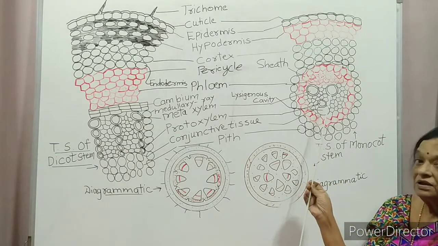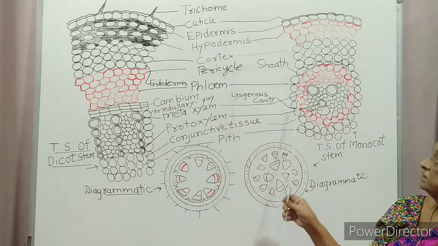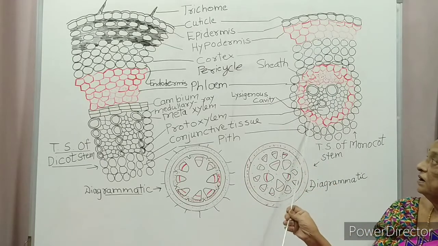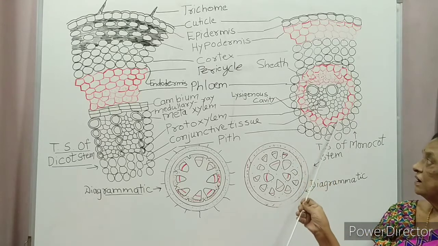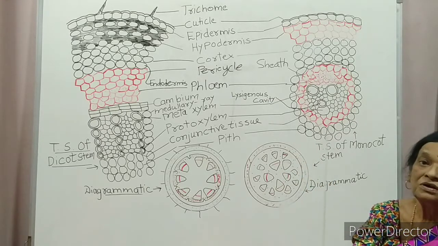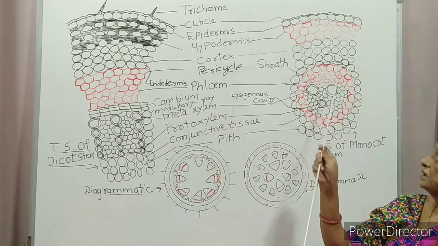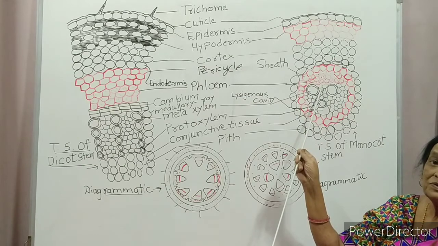Vascular bundles in the maize stem are surrounded by a thick sheath of sclerenchyma all around. Can you see the sheath of sclerenchyma which surrounds the vascular bundle? Outside the phloem, what is the name for this?